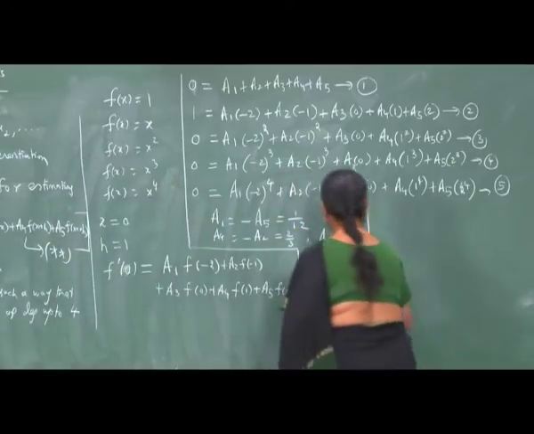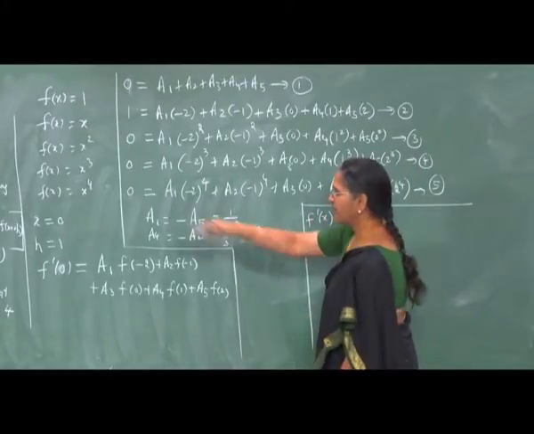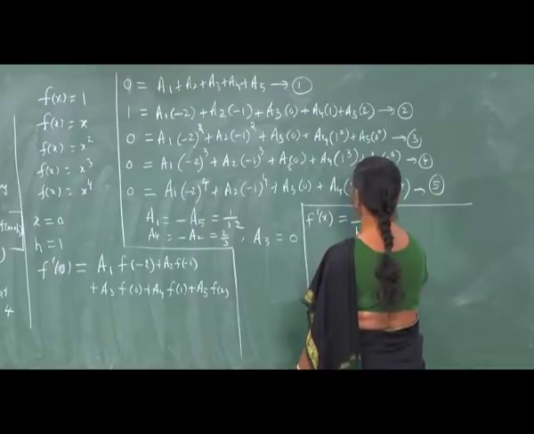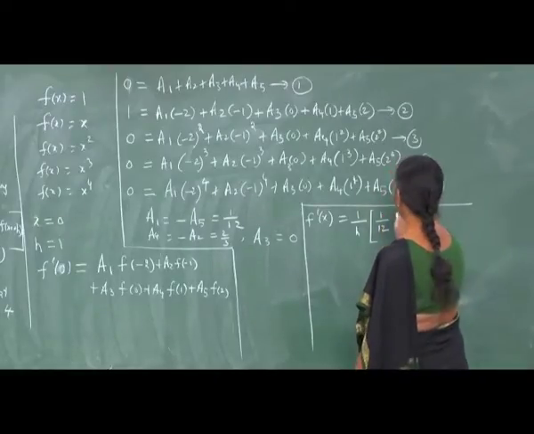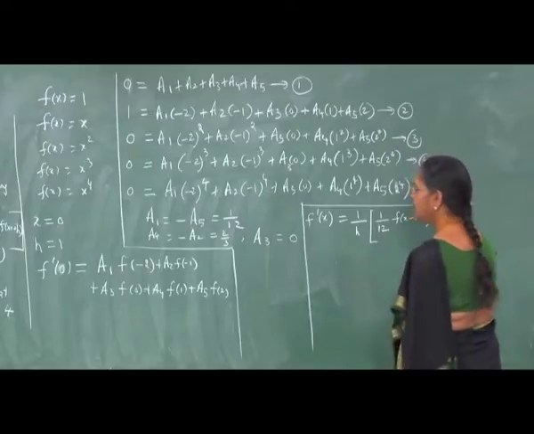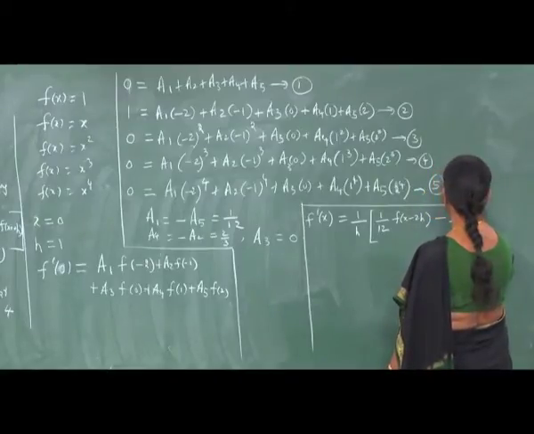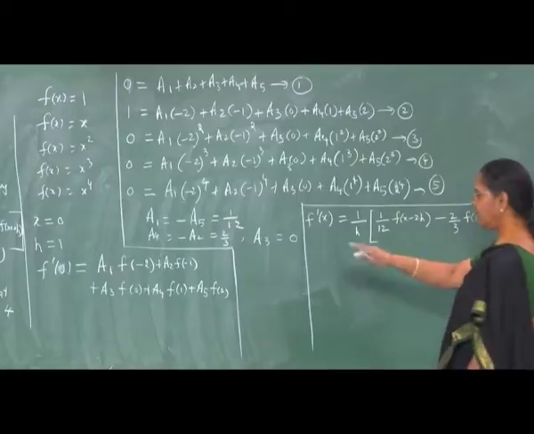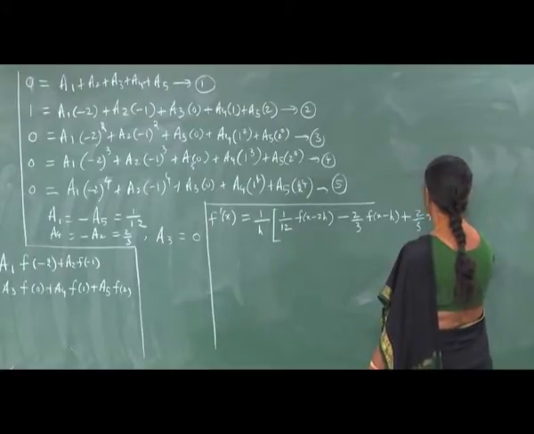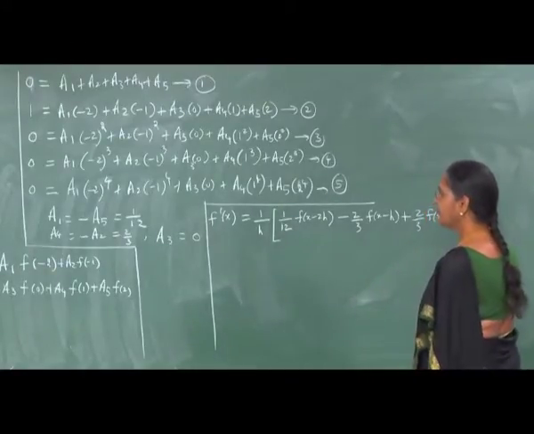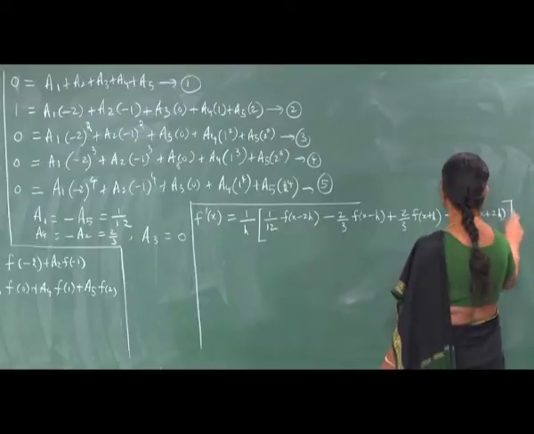So, this tells you that you have a differentiation formula for f prime x such that it is 1 by h into a1, a1 is 1 by 12 into f at x minus 2h plus a2 that is minus 2 by 3 into f at x minus h plus a3 that is 0 plus a4 which is 2 by 3 into f of x plus h, then plus a5 minus 1 by 12 into f at x plus 2h.